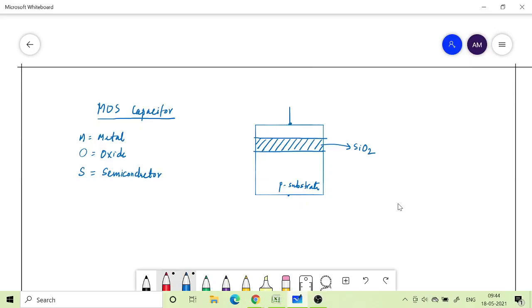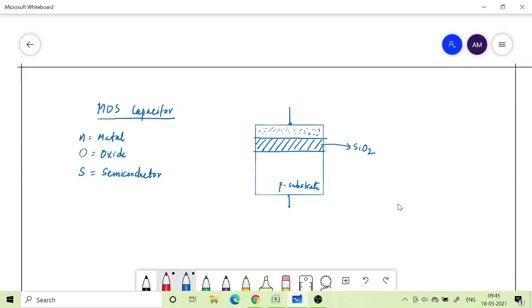So oxide region acts as insulator. In general, we know that capacitor has two plates separated by a insulator. So here only difference is that one side it is semiconductor and other side it is metal, something which is highly conducting.